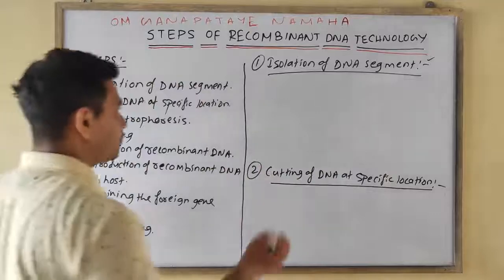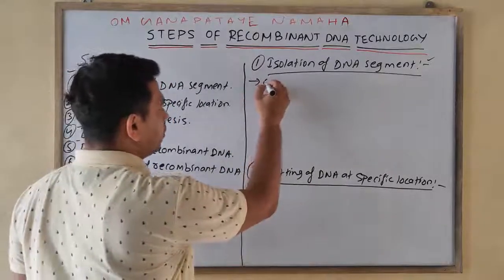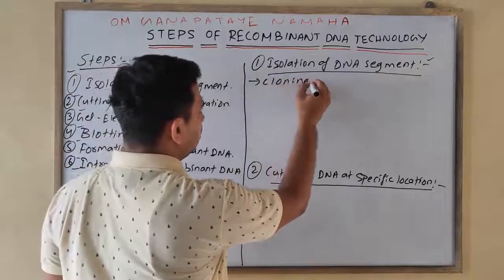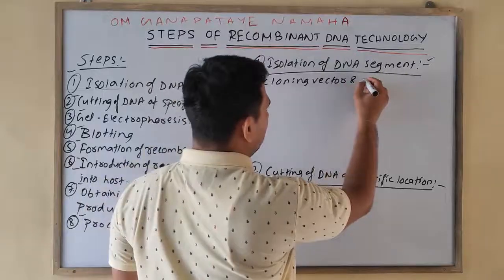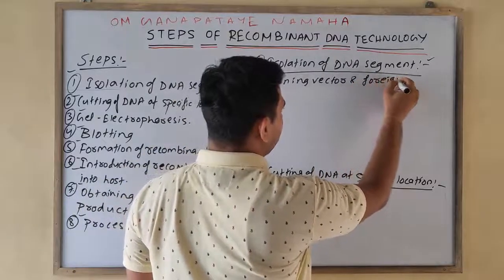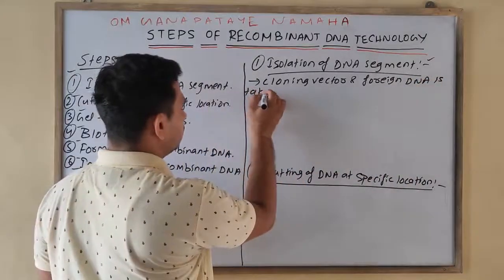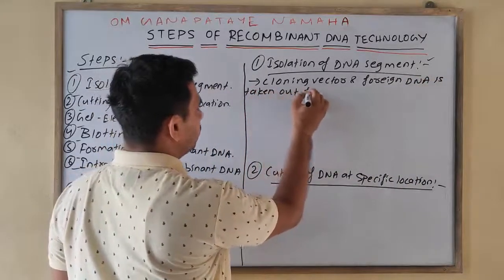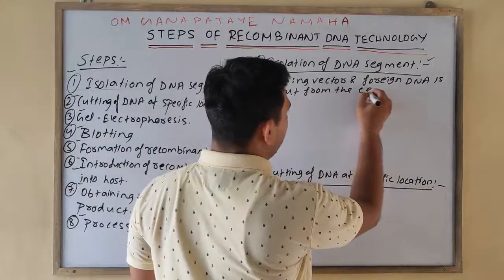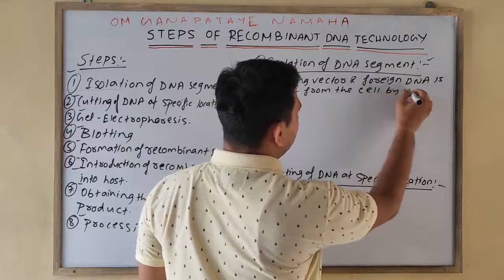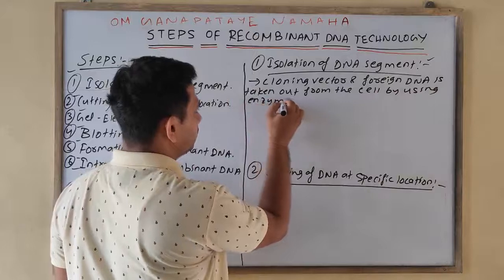So we can write as the first point that the cloning vector and the foreign DNA are taken out from the cell by using enzymes.